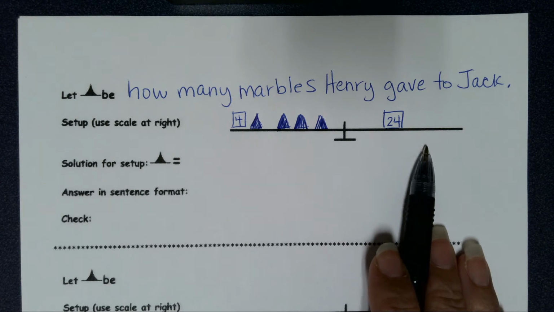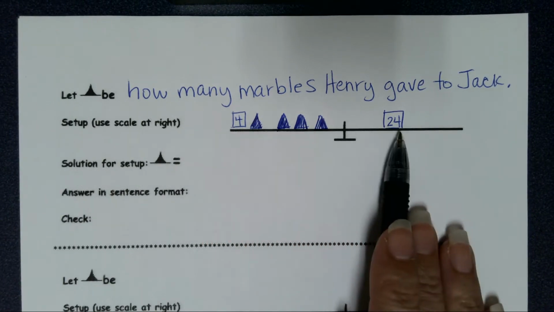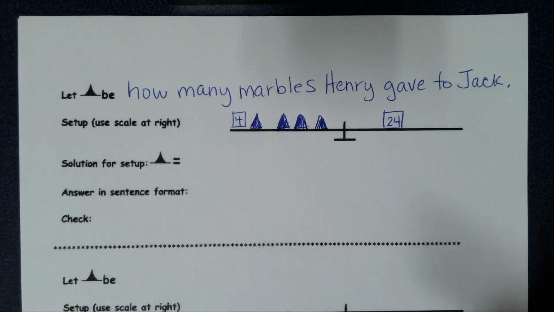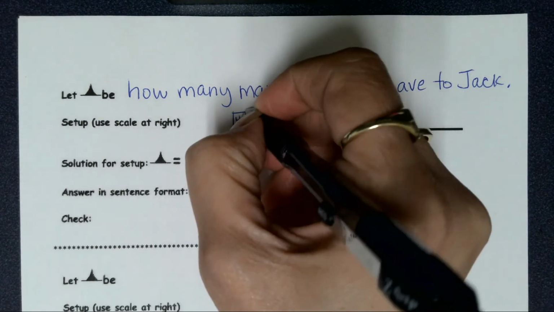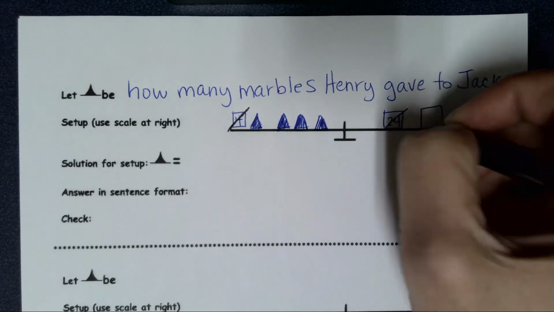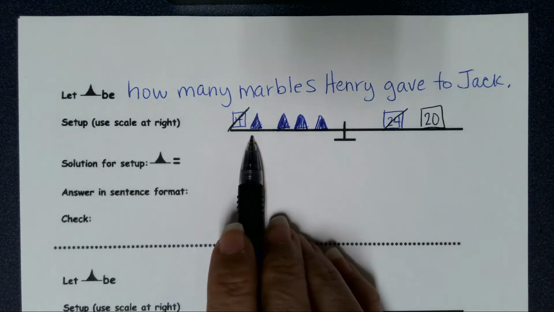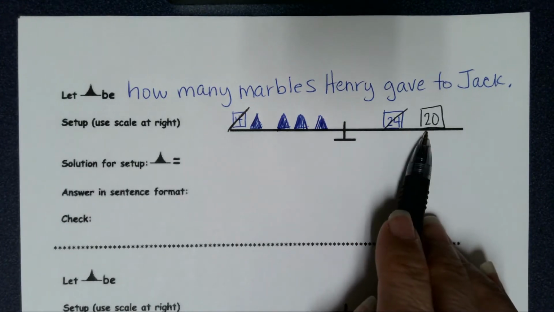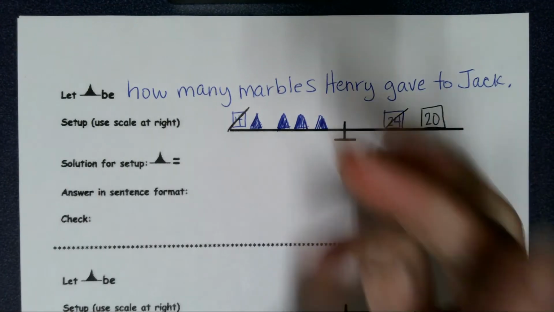So if I have 4 and 24 on both sides, I know that I want to keep the pawns over here, so I'm going to get rid of this 4. And if I cancel out this 4 and take away 4 from the 24, I'm left with 20. So now I have 4 pawns equals 20. That means that pawn is equal to 5.